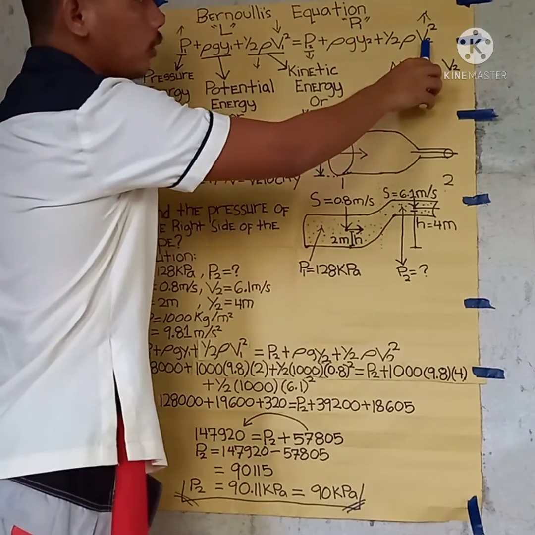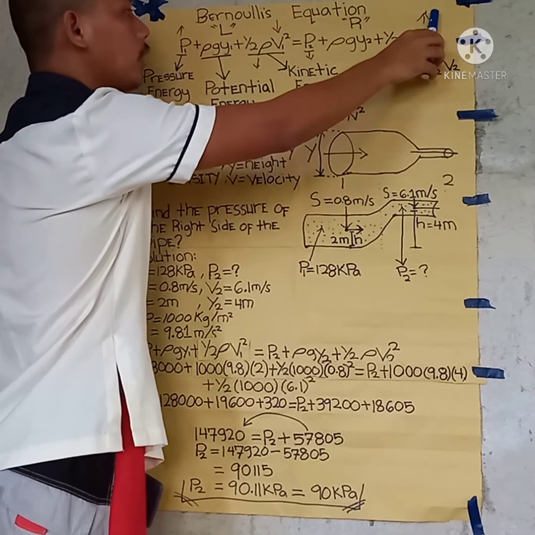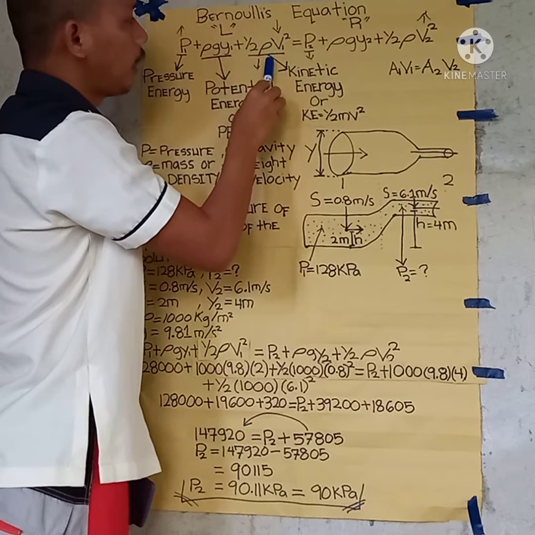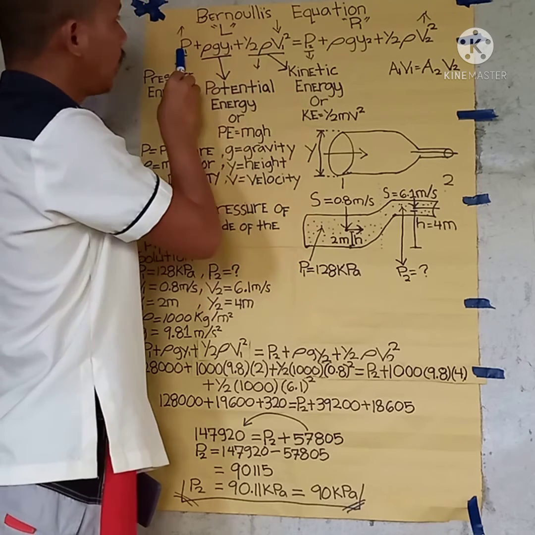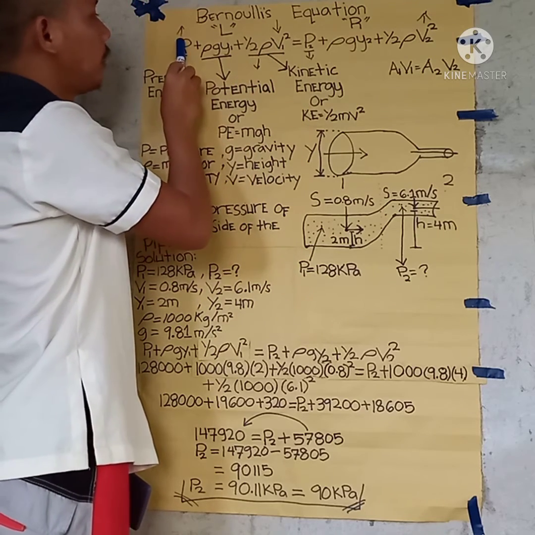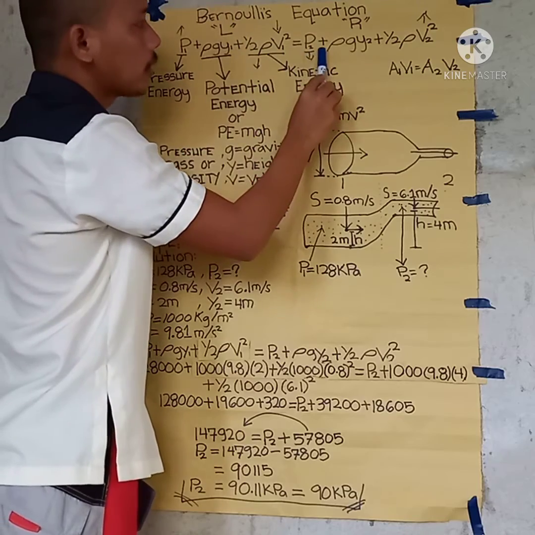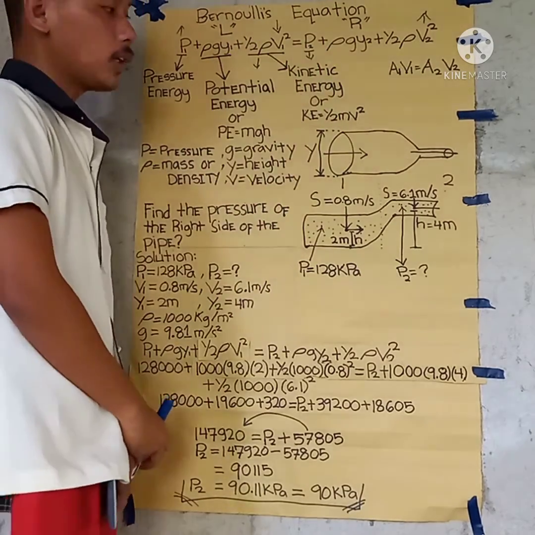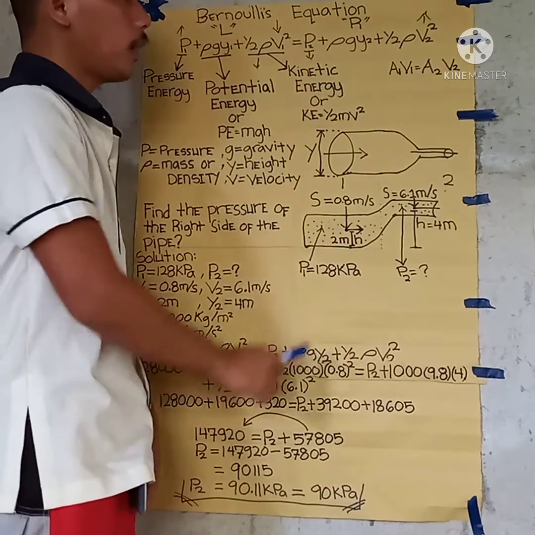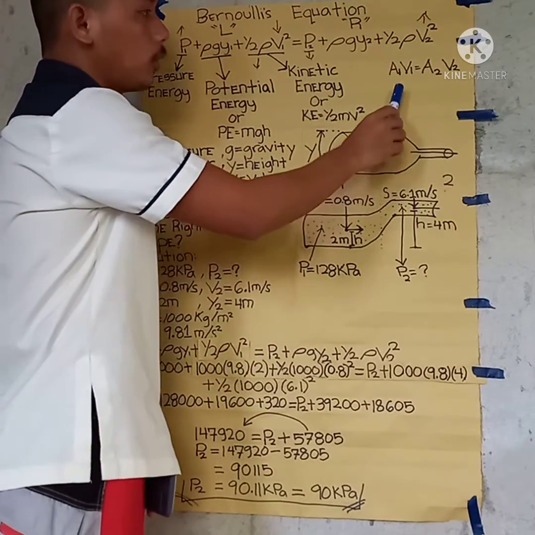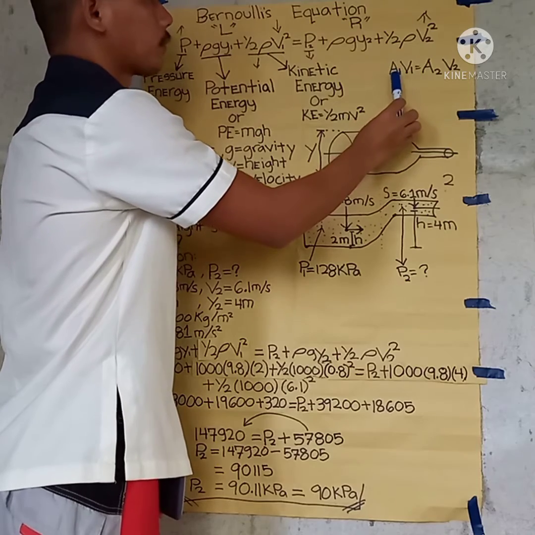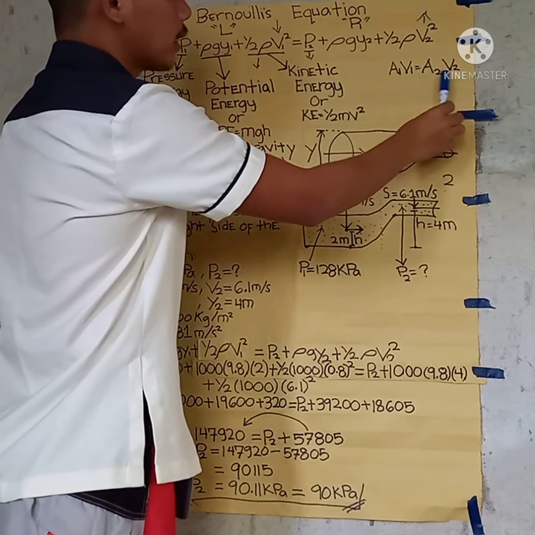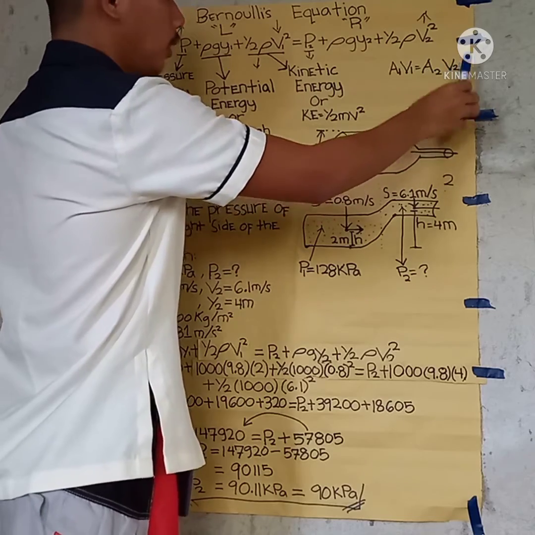If the velocity sa right side of the pipe is magtigagamay, the left side of the pipe ang iya velocity magtigagamay, while the pressure of the left side of the pipe is magtigagamay. If nasa kay given nga area sa imo pipe, mo gamiton ang A times velocity, left side equals the right side.